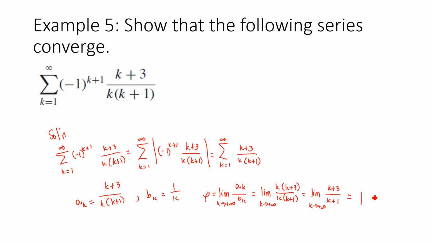This is an example of conditional convergence because the original series converges, but it also diverges absolutely. So the series converges conditionally.